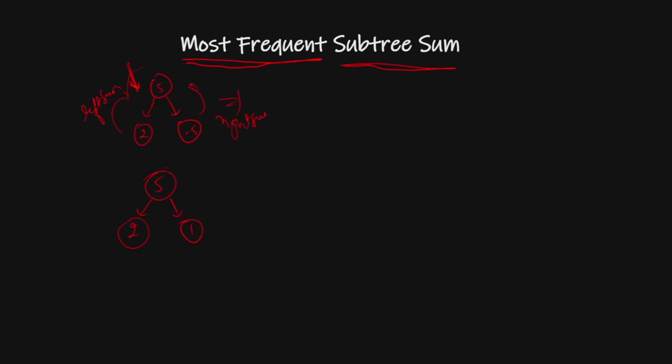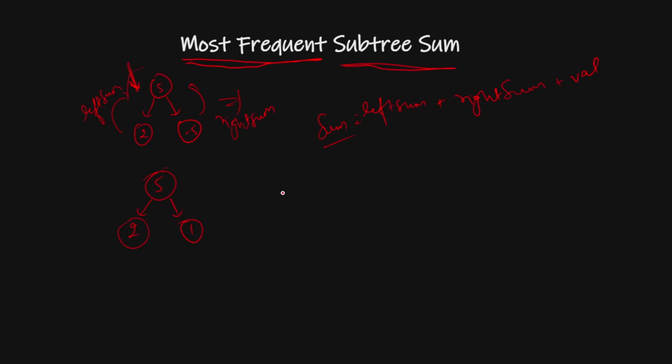Whatever comes from here and here, I will add my root value to it. So I will have my left sum, my right sum, and my root value, and this will make the sum of my current subtree. This is how I will find the subtree sum of my tree.